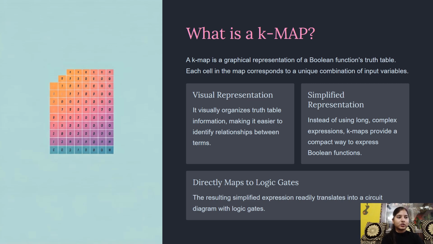Simplified representation: instead of using long, complex expressions, K-maps provide a compact way to express Boolean functions. Directly maps to logic gates: the resulting simplified expressions readily translate into a circuit diagram with logic gates.